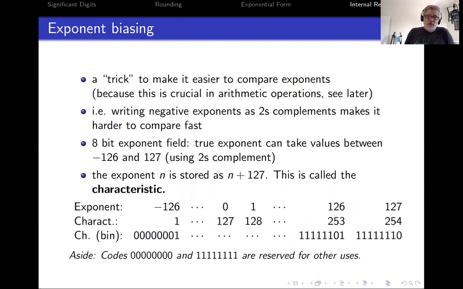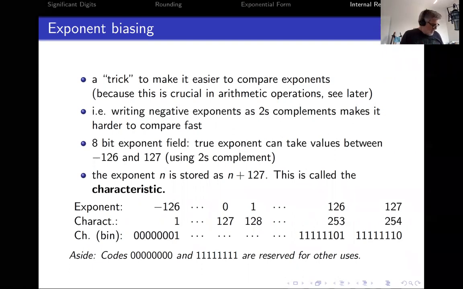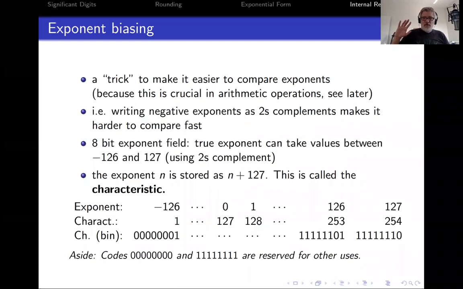So how does this work? We have 8 bits for the exponent field, okay? The biggest exponent that you can write on 8 bits, think of when we did it on 32 bits, it was 2 to the 31 minus 1.